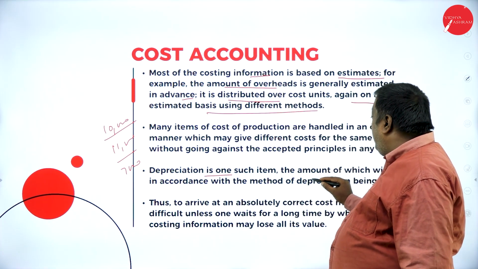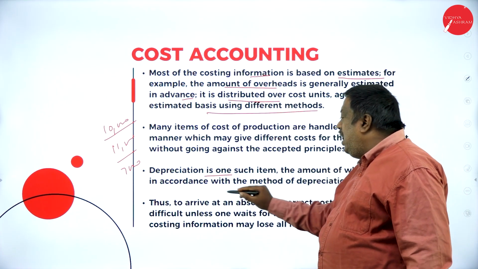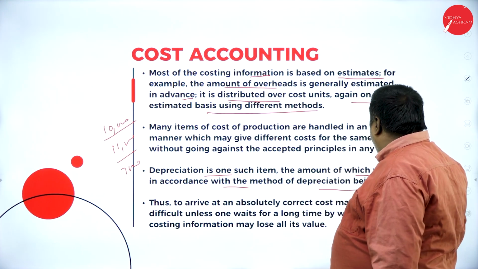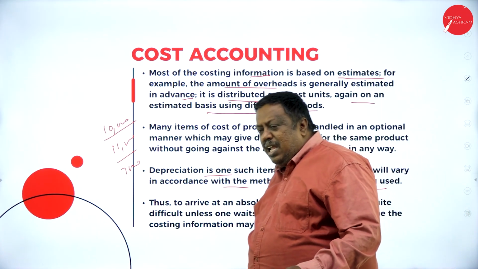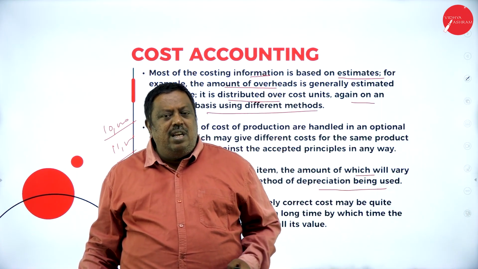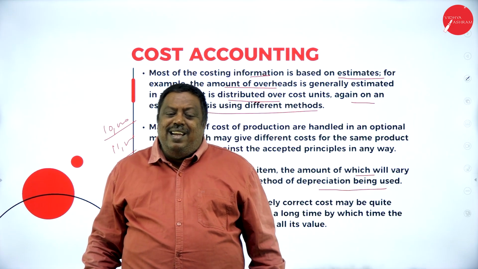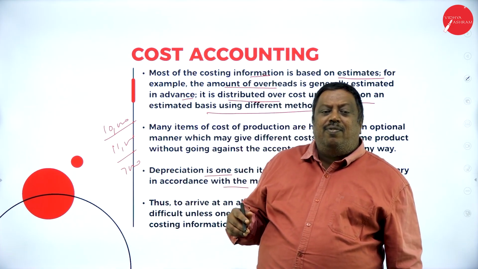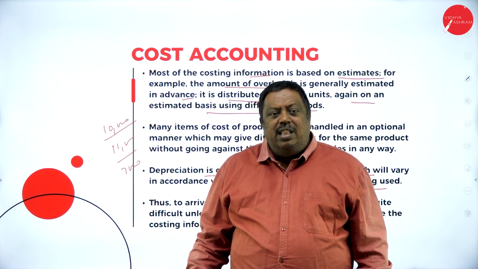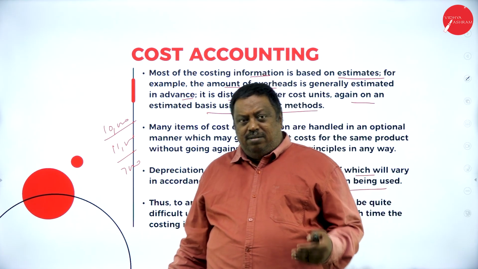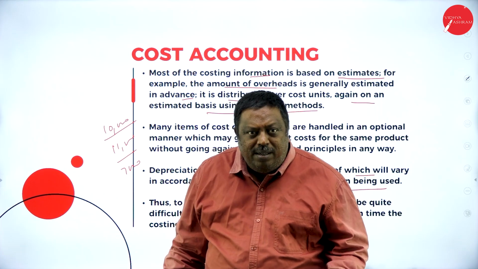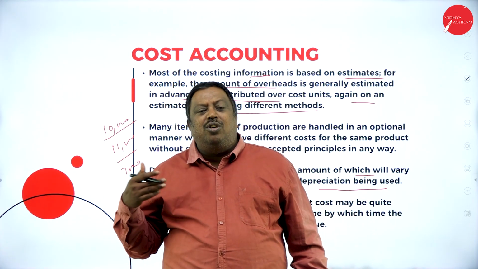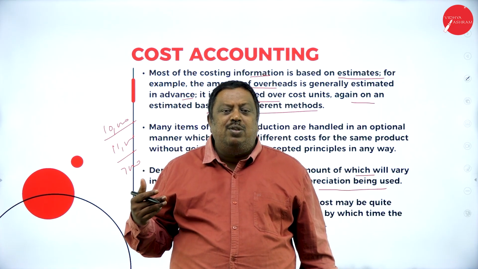Depreciation is one such item, the amount of which will vary in accordance with the method of depreciation being used. For example, we have depreciation. Depreciation is nothing but the residual value of an asset here. In this residual value of the asset identification, whichever method the business person adopts, based on that, the amount of depreciation is going to vary.